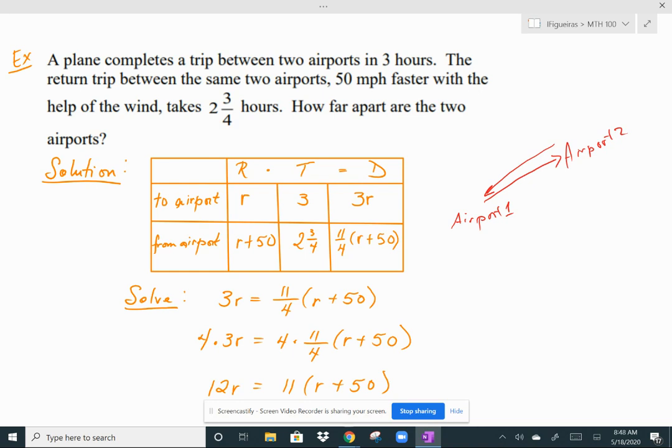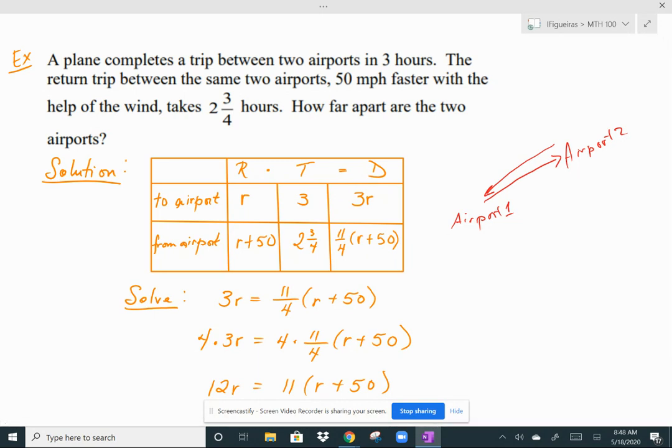But we need to keep track of everything that's going on here. The time is given. It says to the airport takes 3 hours. So that's what you see here. When it comes back from the airport, it only takes 2 3/4. So that's your second column. Now let's figure out the rate. You don't know how fast the plane is traveling, but you know that there's a relationship between the speed going to the airport versus coming back from the airport.